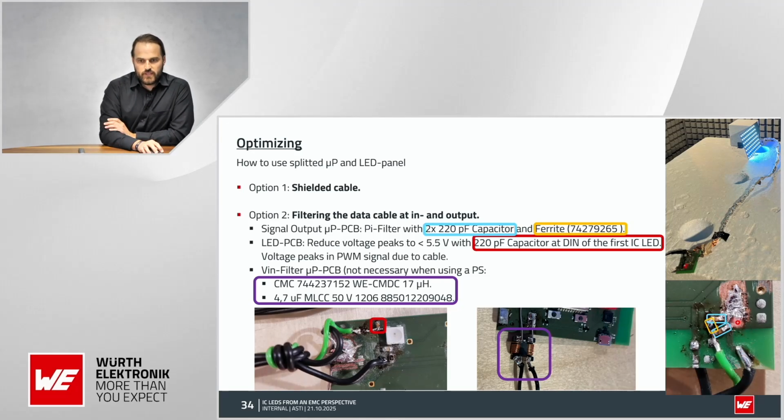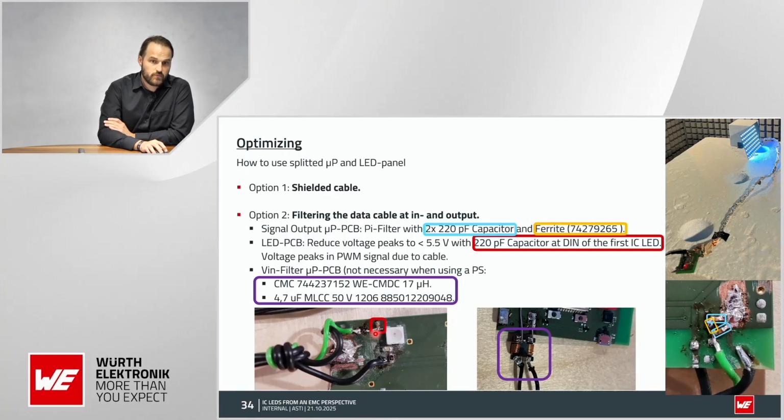On the other hand, we are doing some filtering. So we use an unshielded cable, but we use a pi filter on the data out from the level shifter. We are using 2 times 220 picofarads and a series ferrite. The problem was, when we were measuring with an oscilloscope probe on the data in pin of the first string of LEDs, we saw that we are above 5.5 volts due to the long inductance of this 1 meter cable and high frequency signals.